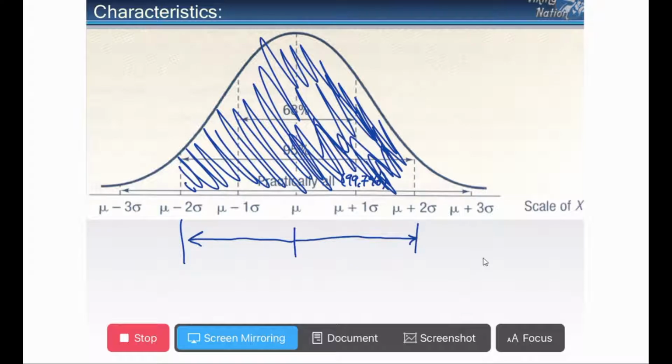Remember we said in a previous video that the area under the curve represents the probability. And so this has an area of 0.95 because the total area under the curve is 1.